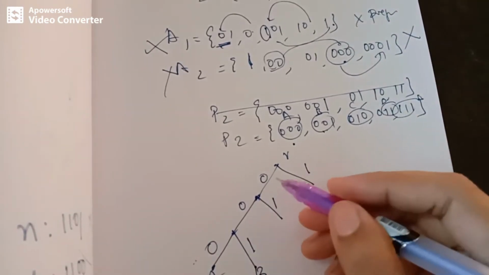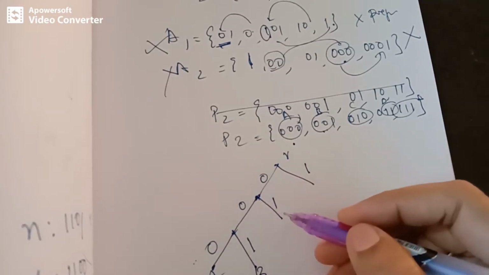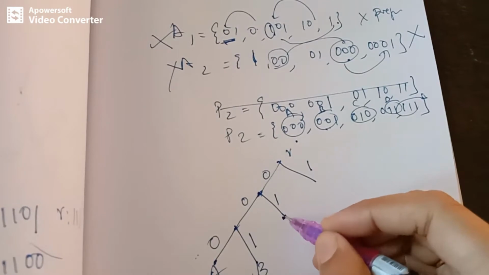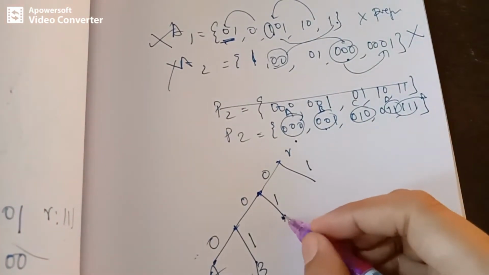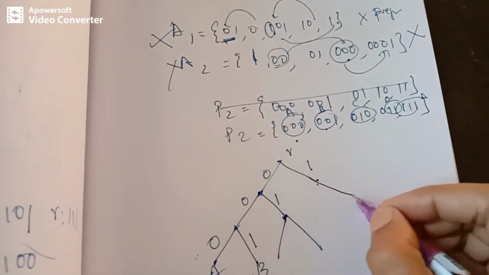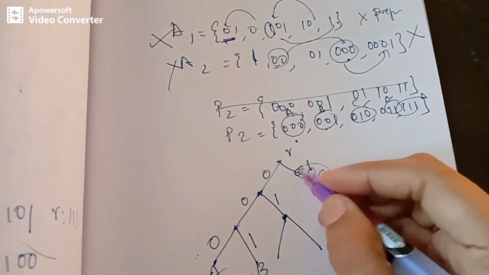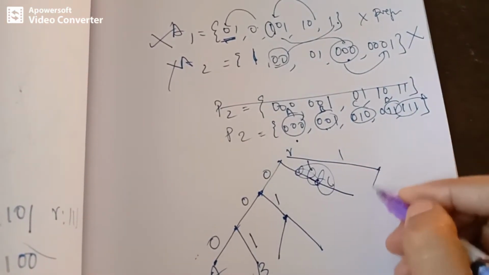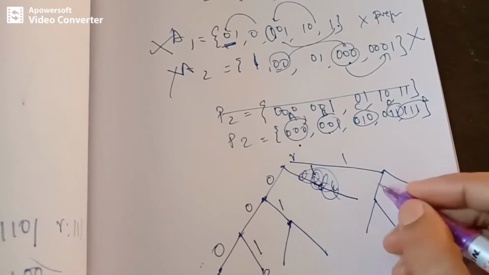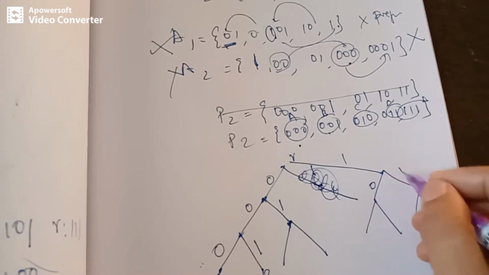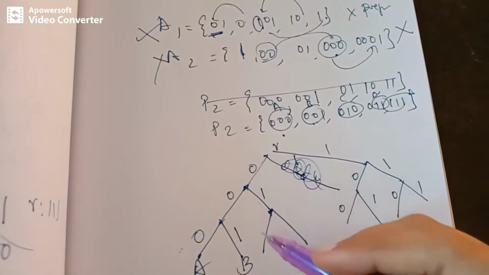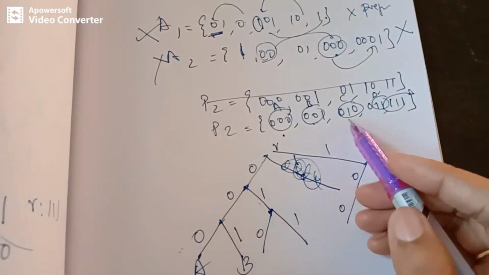Likewise 01, we can also have 01 and 010, right? So both left and right branch. Left branch is 0, right branch is 1. So I am labeling them. You can observe that 010 is which code?